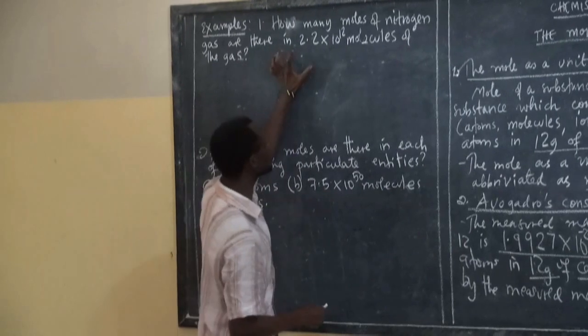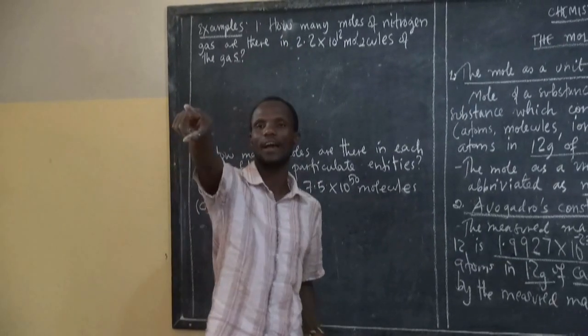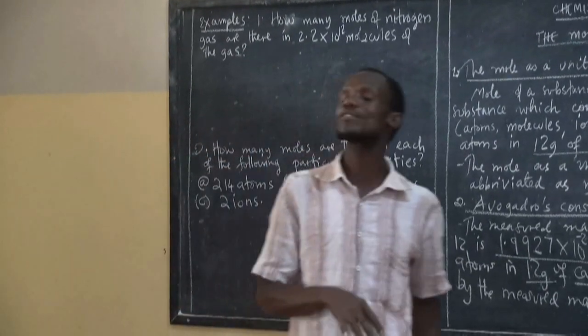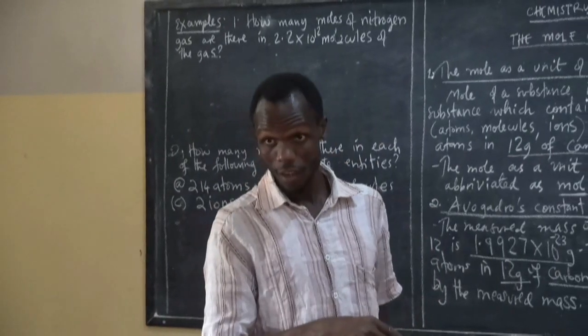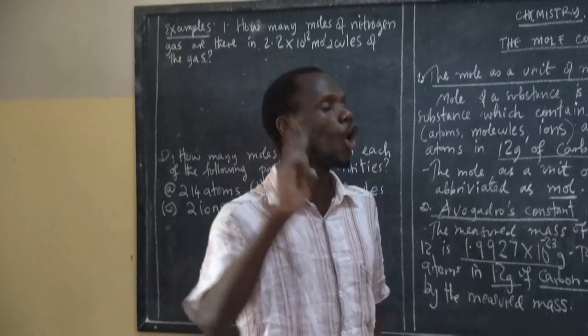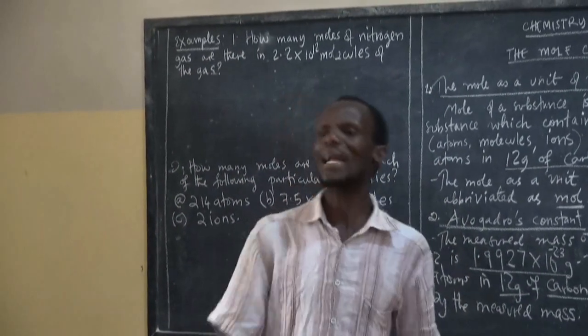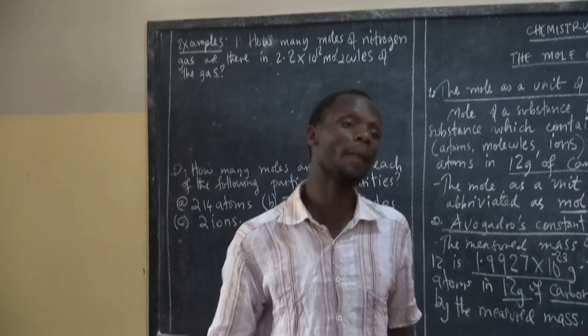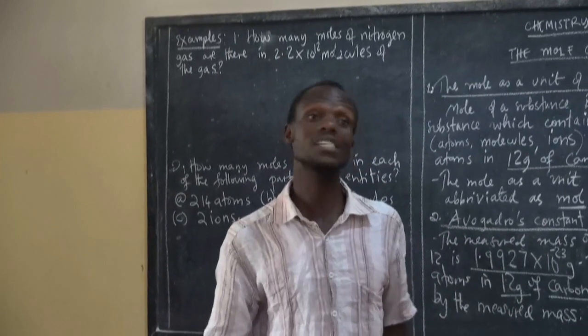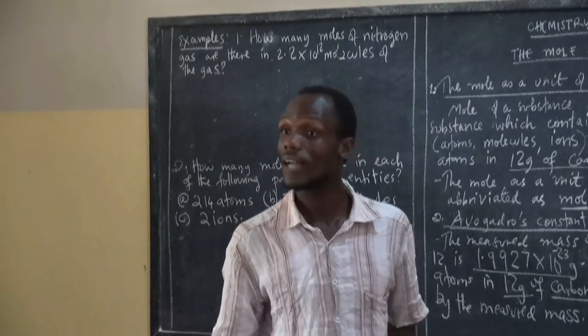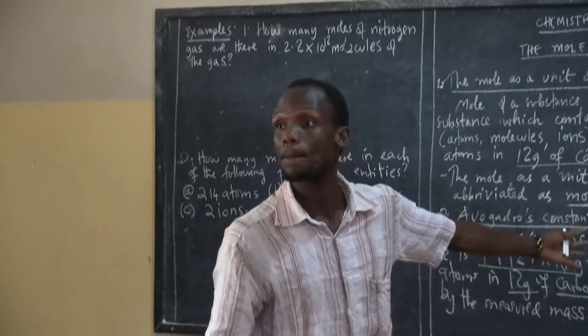So from the question we've been asked to find how many moles are there. We're talking about amount of substance. But we have something called the number of molecules that are there. But remember, Avogadro's constant is always there because it is constant. It was determined and it is there, as we have seen before.